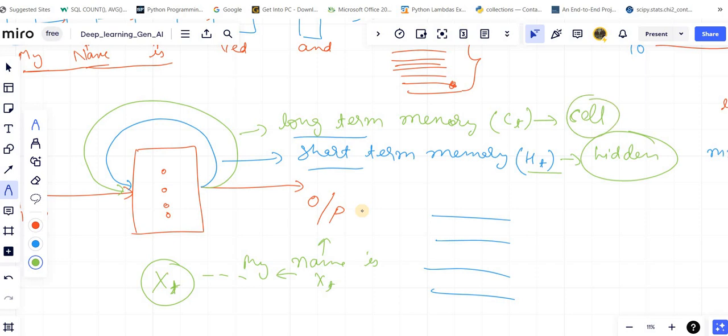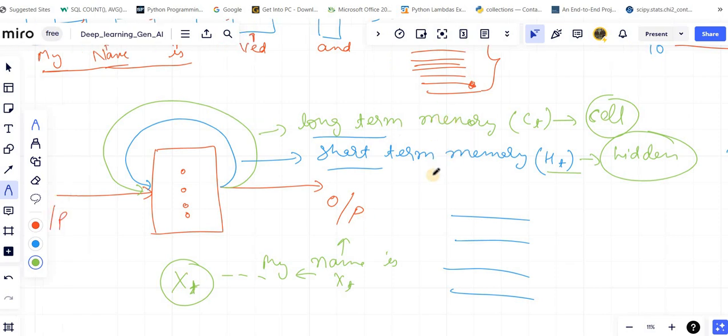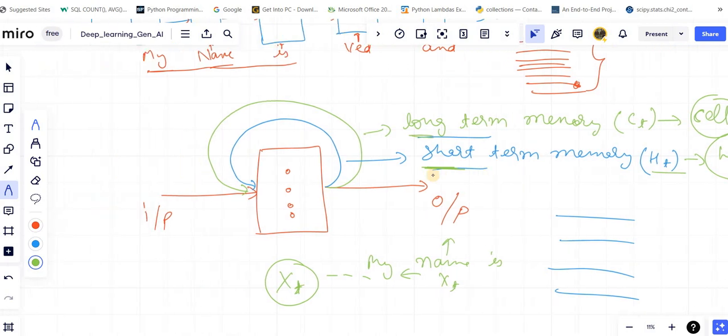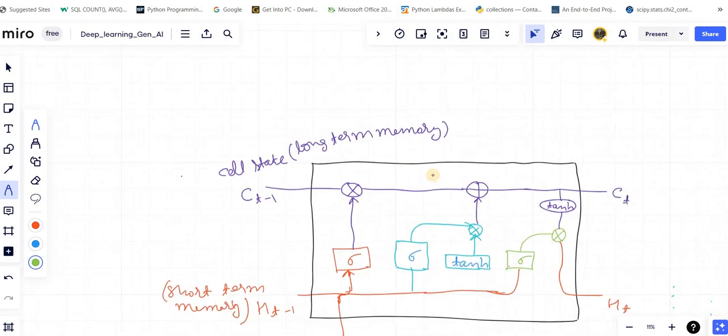You can say cell memory or hidden memory. Now, these are the two components in LSTM. Earlier, this was there in the RNN, but this was not. Okay. Now, let's see the LSTM part.